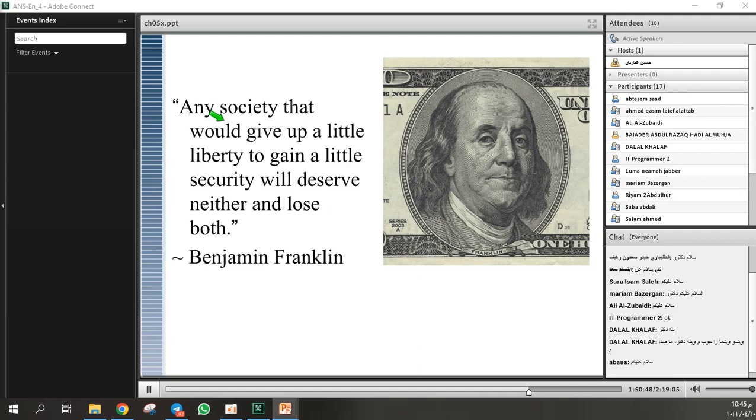In the first chapter, we have a figure of balance. And we said that if you choose tight security controls, you will lose usefulness. People cannot work with your system easily.